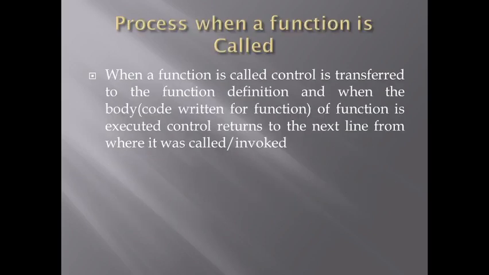What is next? Next is the process when a function is called. When a function is called, control is transferred to the function definition, and when the function body, that is the code written for the function, is executed, control returns to the next line from where it was invoked.